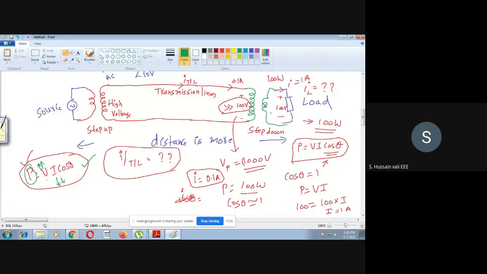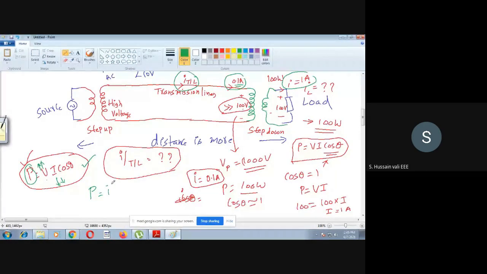So now that is the thing here. You have a step up transformer here. Then the primary current will be lesser than the secondary current. So secondary current is 1 ampere, whereas the primary current is lesser than 1 ampere, that is 0.1 ampere. So now you see this here. When the transmission line is carrying only 0.1 ampere, what is the power loss in that?